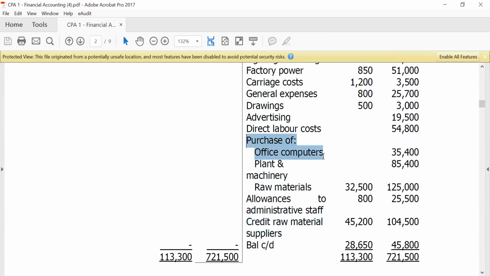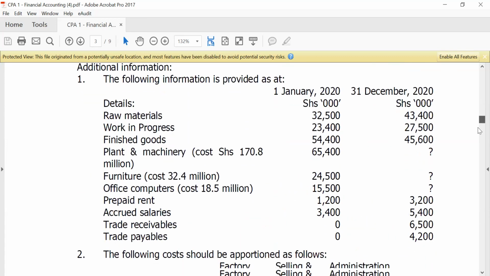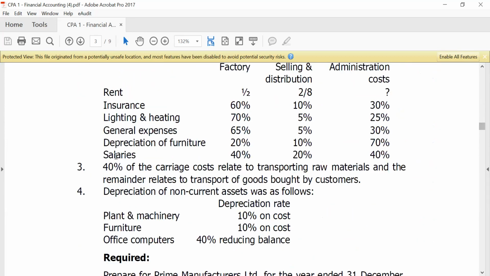So let me just concentrate here on the office computers. Now these are not expenses per se, but they are going to affect our so-called depreciation. Remember, depreciation is one of the expenses that are distributed between the factory and the rest of the other components. So they have only talked about distribution of depreciation of furniture, so it is the one that I first consider.